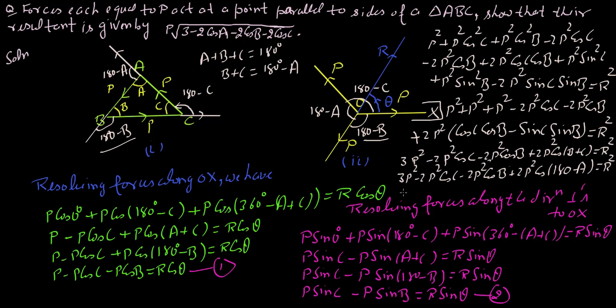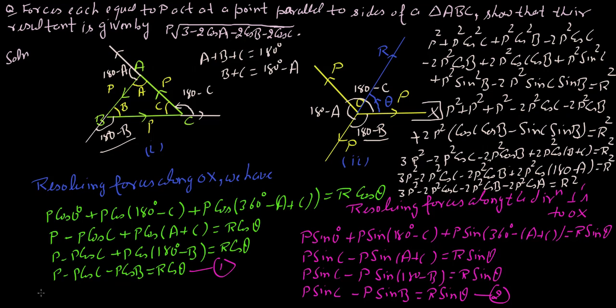So this will be 3P square minus 2P square cos C minus 2P square cos B minus 2P square cos A is equal to R square.